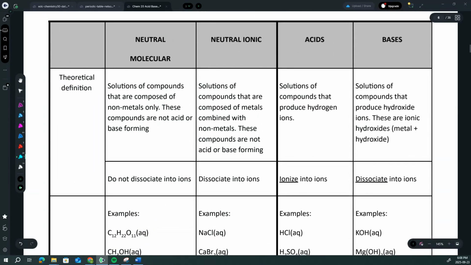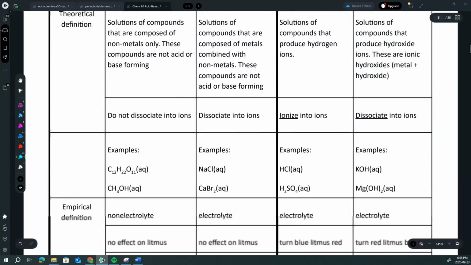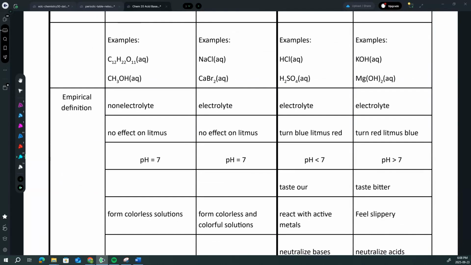Theoretical definitions just explain what we would expect the compound to be made up of, whereas empirical definitions are derived from how we would expect this compound to act, or how we would be able to use our five senses to determine this compound.